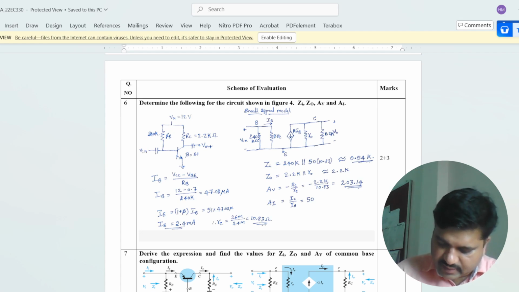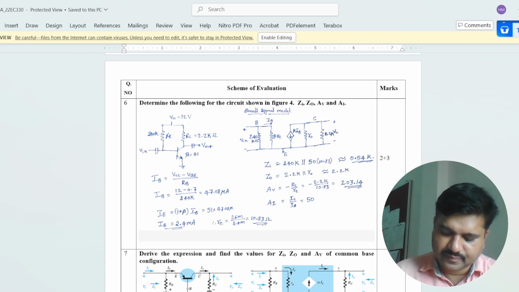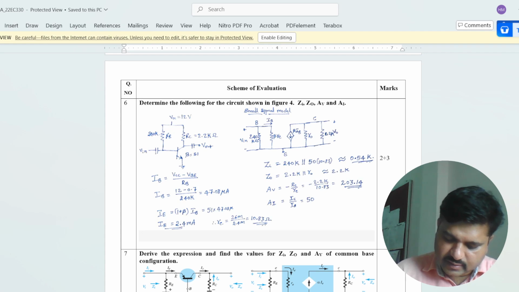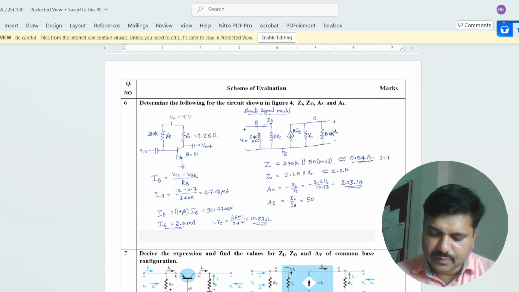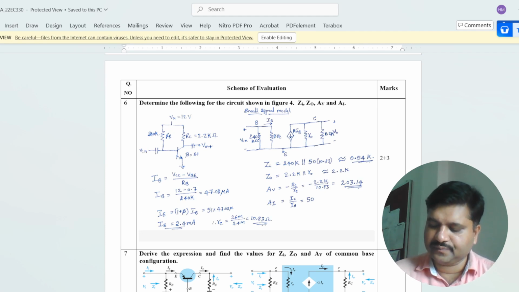The emitter is connected to ground. Applying KVL to this output loop, we get the equation VCC equals ICRC plus VCE.